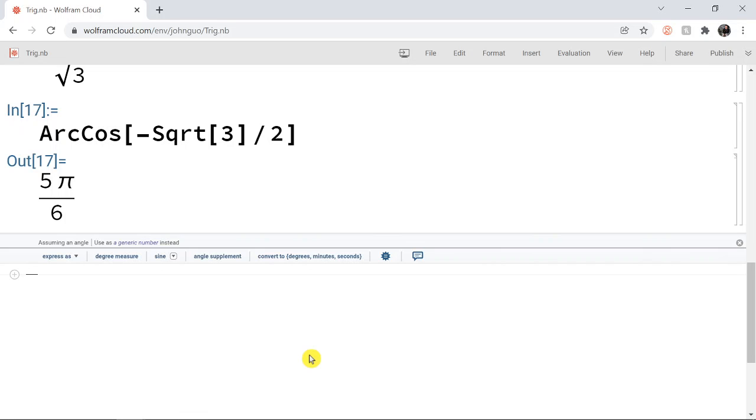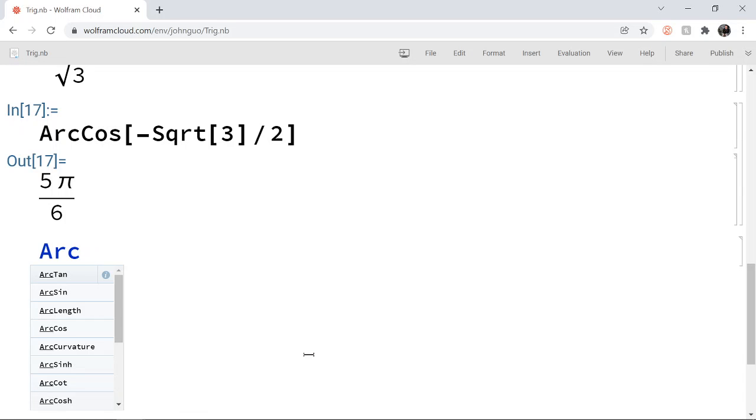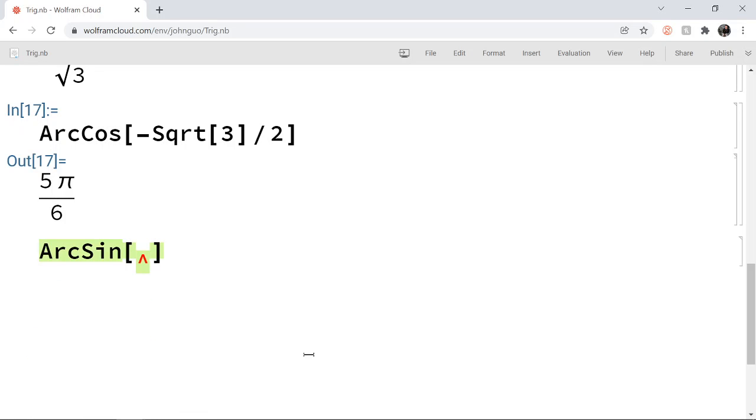And here let's do another example. Let's do ArcSine. Here I want to make sure I capitalize that S character in Sine when we're dealing with these inverse trig functions. And here I'm going to type in the same thing, negative square root of 3 over 2. ArcSine is going to give us back an angle which sine takes to negative square root of 3 over 2.